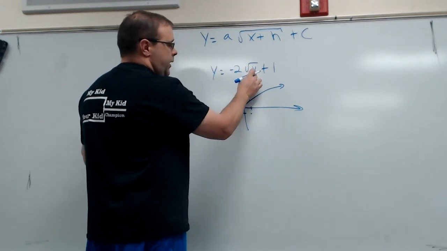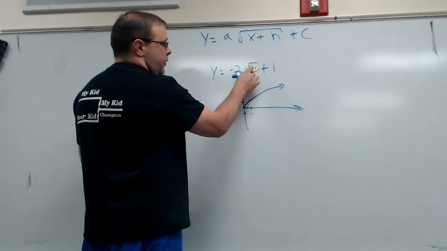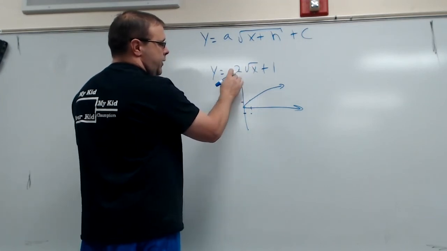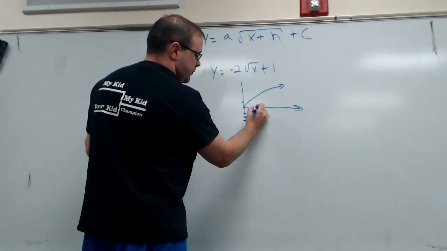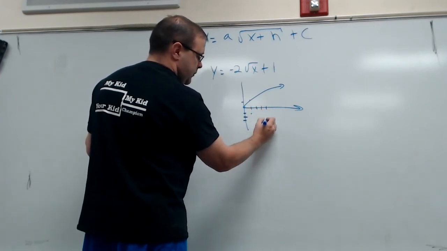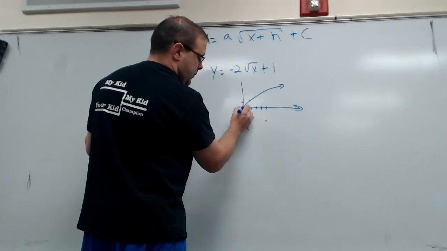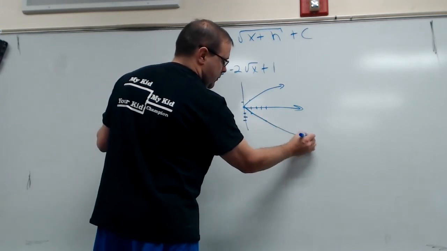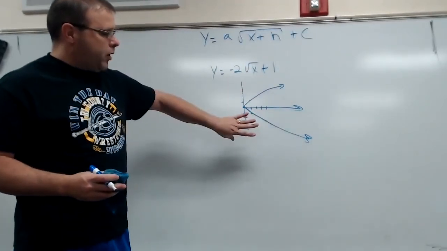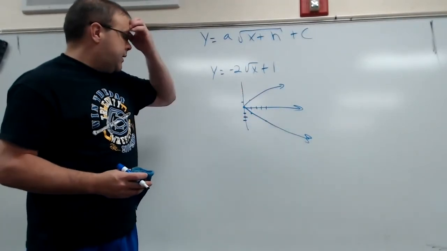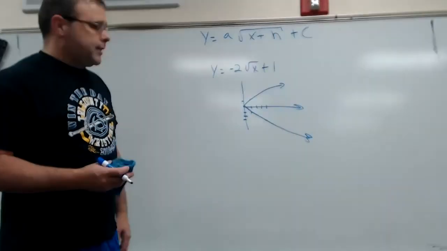Now if I put in 4, square root of 4 is 2, times negative 2 is going to be negative 4, minus 1 is going to be negative 3. Okay, so I'm just showing that it's growing a little bit faster. It's mirrored across the x-axis. Okay, and that's good enough.